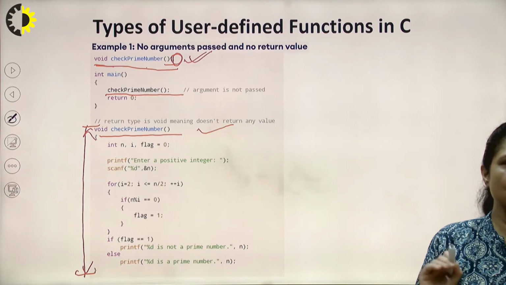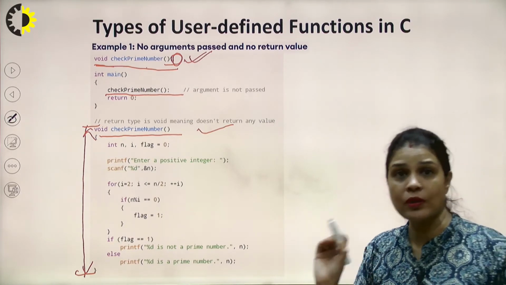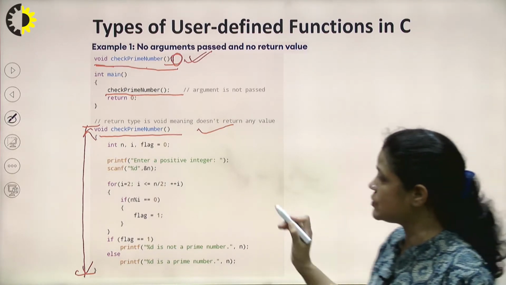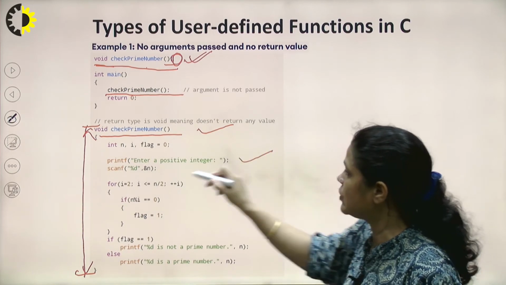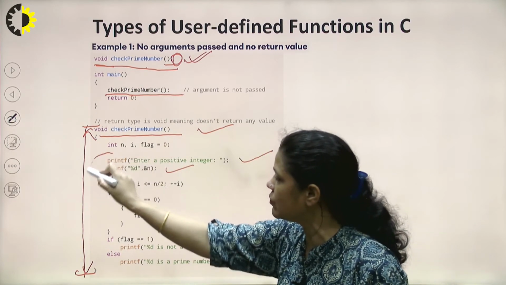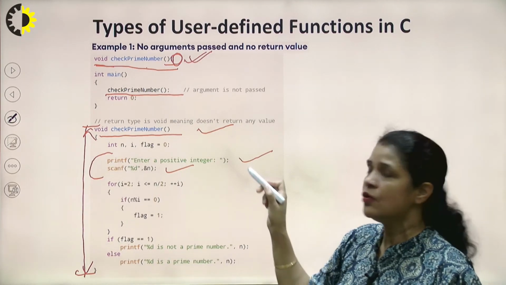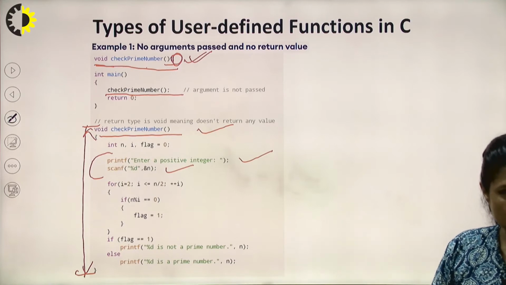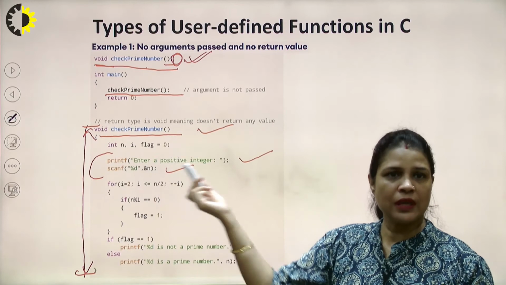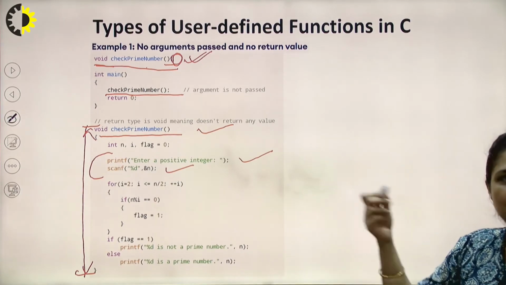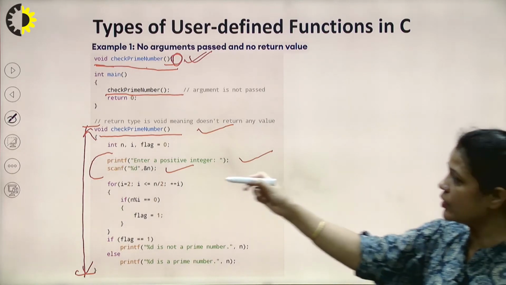In the first category of function, where the function is not taking any argument and is not returning any value, what we need to remember is that we need to take input from the user inside the function. Here in these two lines, we are taking input from the user. The first line is the printf statement, where we are just indicating to the user that they need to enter a positive integer, and through the scanf function, we are allowing the user to give a value to the variable n.